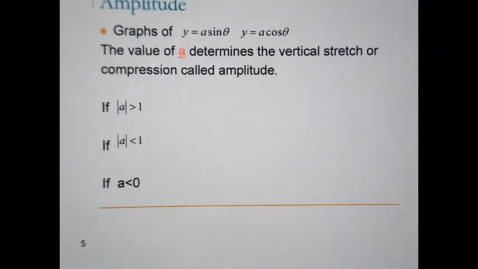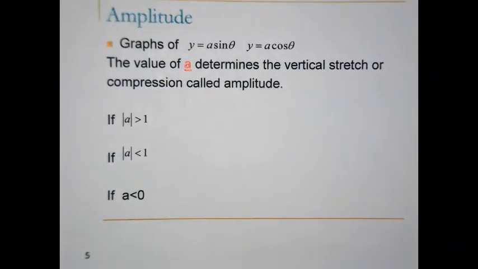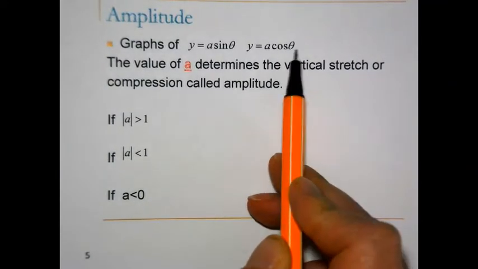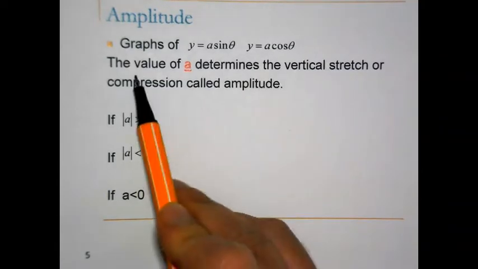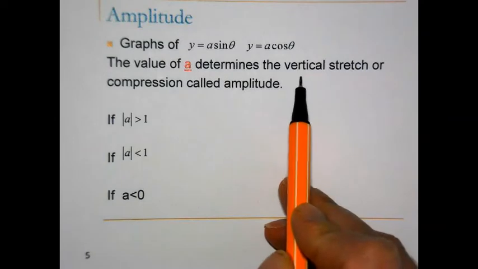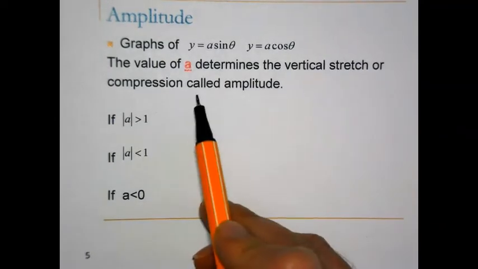Now you have watched the Desmos demo, and you have realized that if we multiply our sine or cosine function by a value, this value of a shows us if our amplitude is going to have a vertical stretch or a compression.